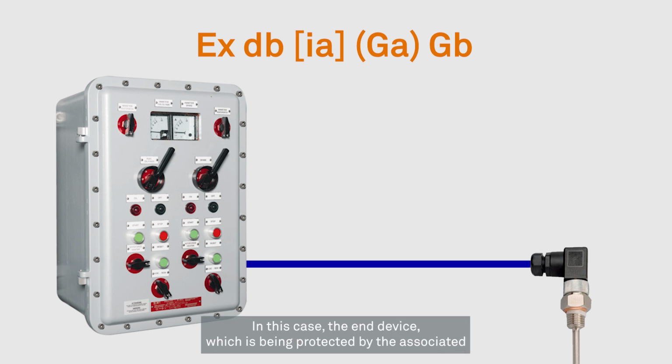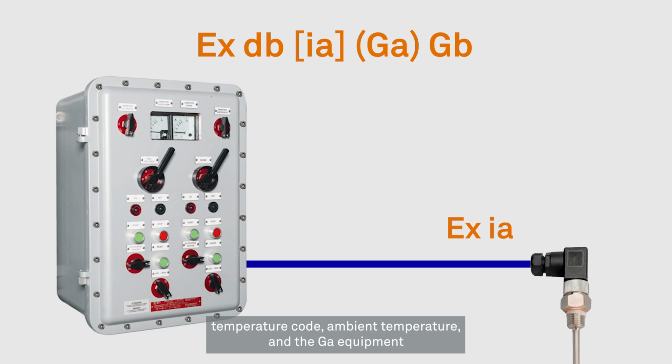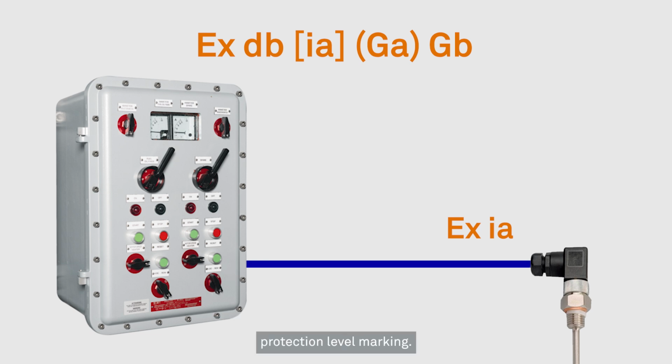In this case, the end device, which is being protected by the associated apparatus, is intrinsically safe and would be marked Ex ia without any brackets, along with the gas group, temperature code, ambient temperature, and the Ga equipment protection level marking.